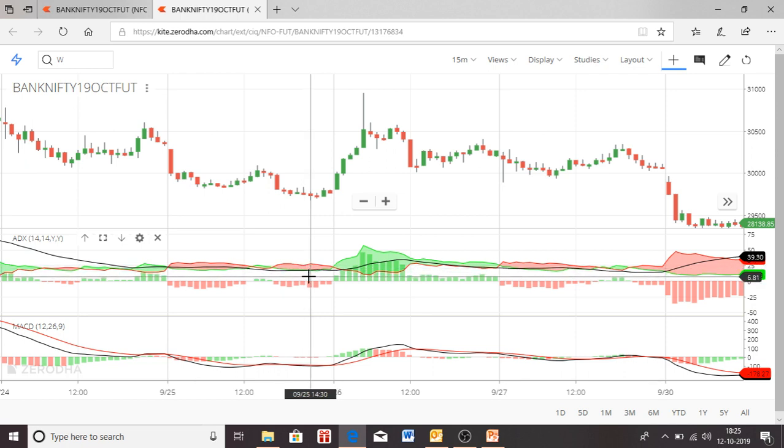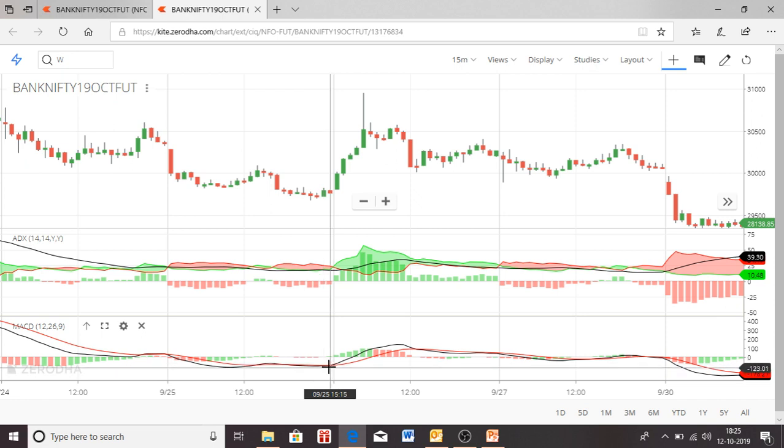If it is sloping down, continuously going down, that's the time that ADX will reverse. Okay, at the same time, if the MACD lines are converging, right, they are coming closer, that's when they are going to separate from the signal line.